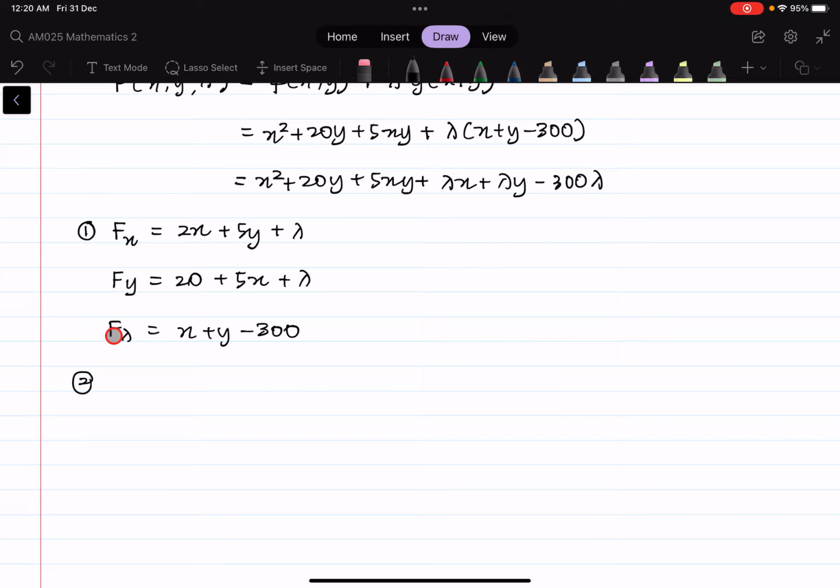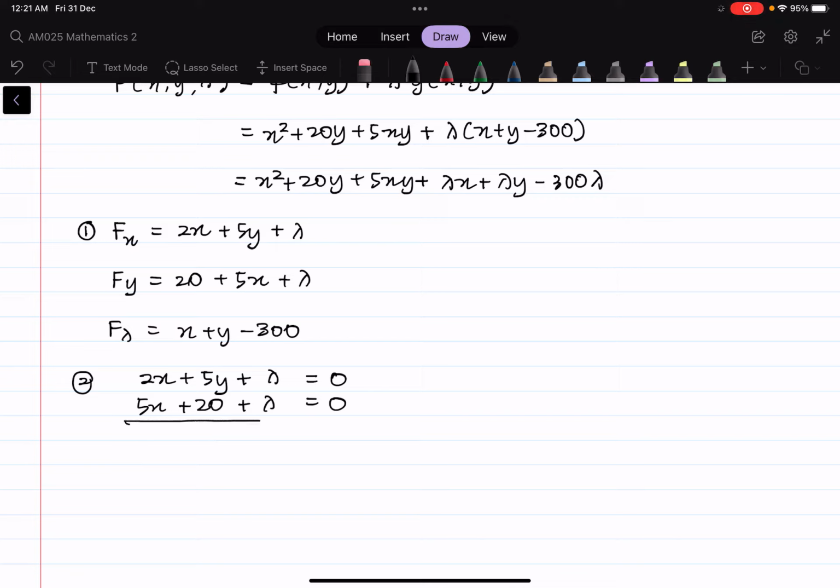So the first equation: 2x plus 5y plus lambda equals 0. We're going to rearrange the second equation, writing the 5x in front and 20 at the back, plus lambda, which is also equal to 0.